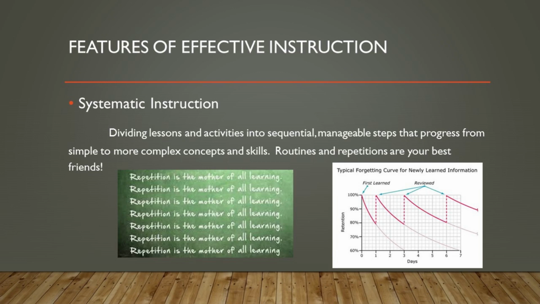Paragraph writing looks daunting, but if you break it up into steps, today we are talking about how to write a topic sentence, or detail sentences, or a concluding sentence. If you do it a little at a time, then you can work your way up to that complex skill, right? So just think about how you can break it down into more sequential, manageable steps.